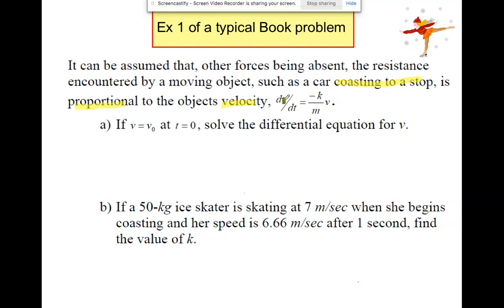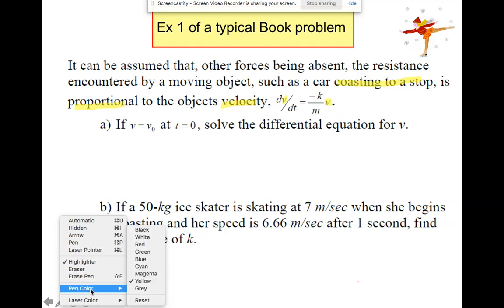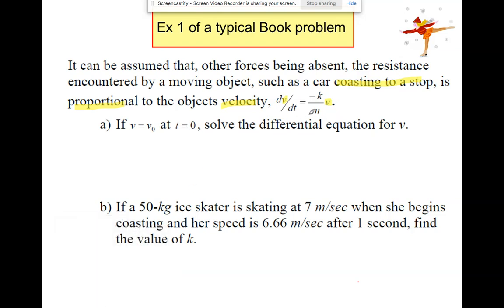So the rate of change of velocity is equal to a constant of proportionality. Now, this constant of proportionality, don't get thrown. This constant of proportionality does have this m with it.